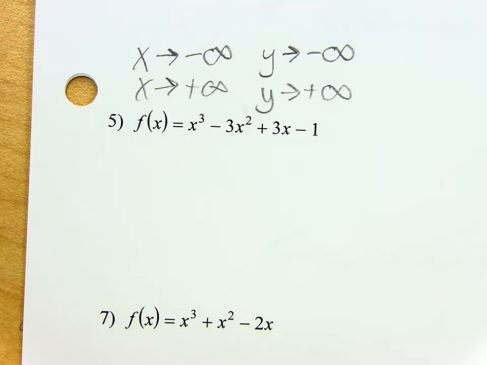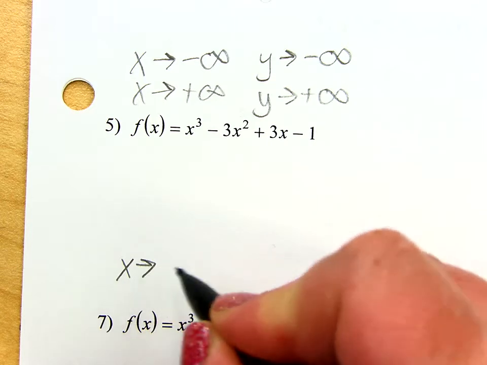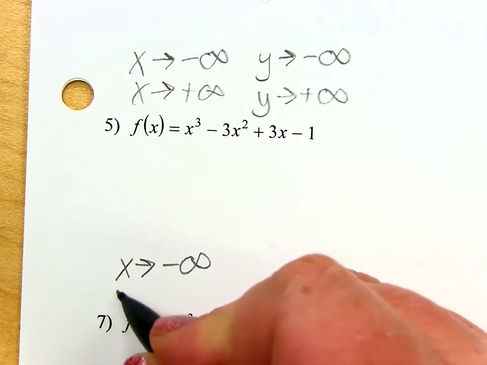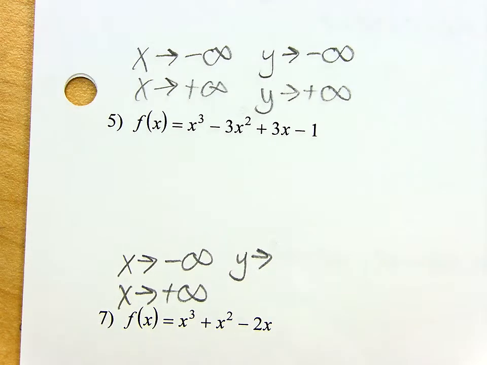Okay, jump to 5. All right, so what is your left hand doing on number 5? Is it going up or is it going down?